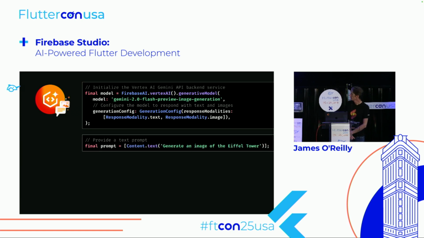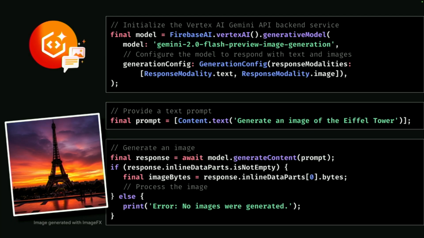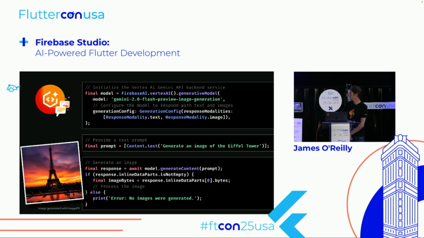As before, I am still generating a text prompt. In this case, I'm asking it to generate an image of the Eiffel Tower. And when I get back the response, I get back the multi-part response and can pull the image from that response.